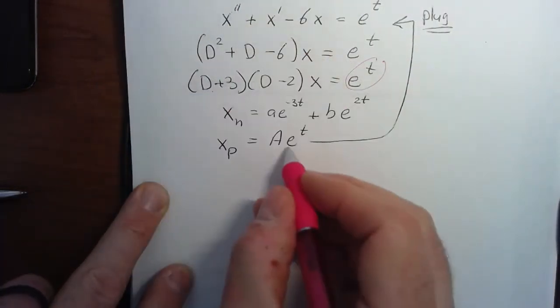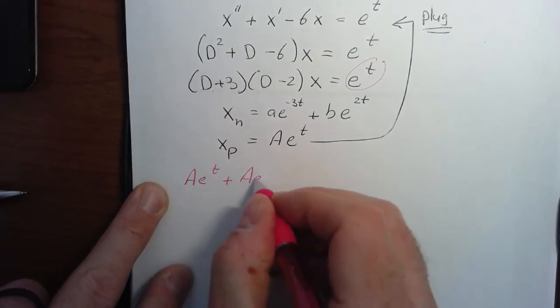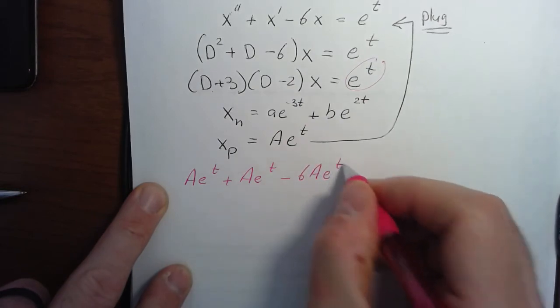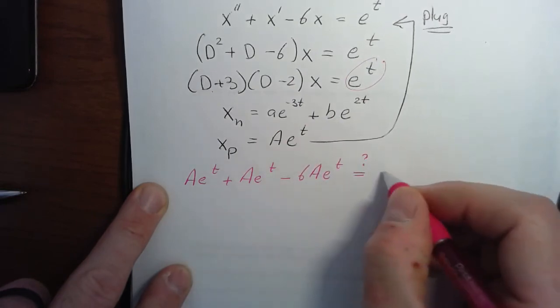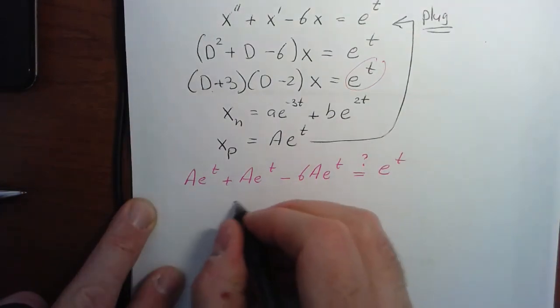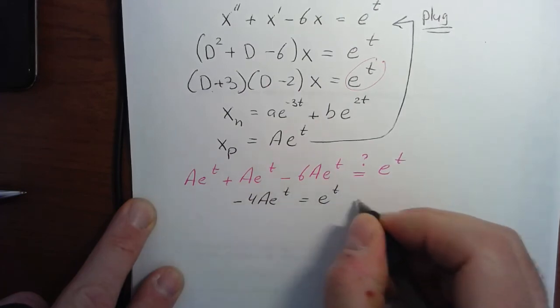I'll have two derivatives of this. Well, that's just the same. Plus one derivative of it, which is just the same, minus 6 times just the function, equals question mark e to the t. So that's 2 minus 6 is minus 4a e to the t equals e to the t.